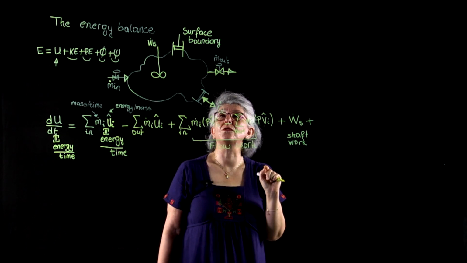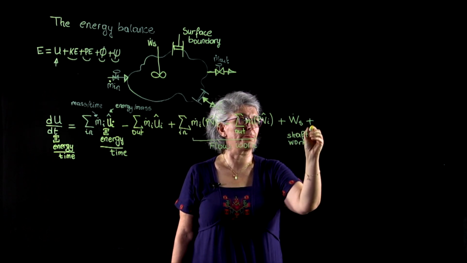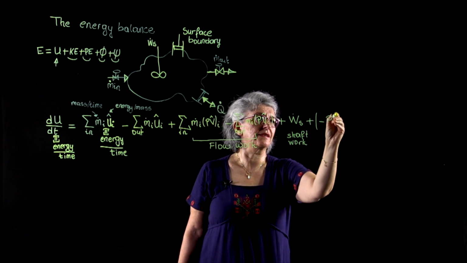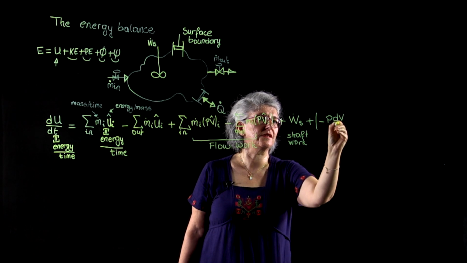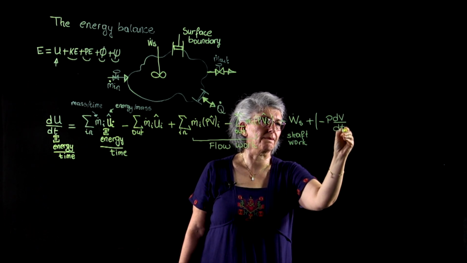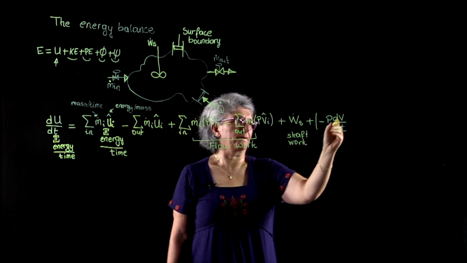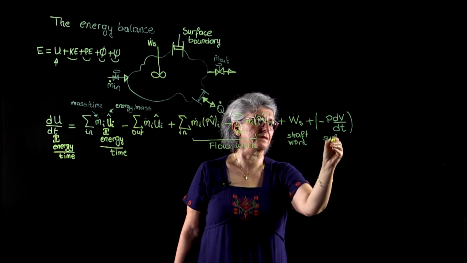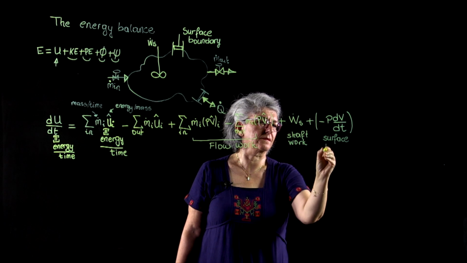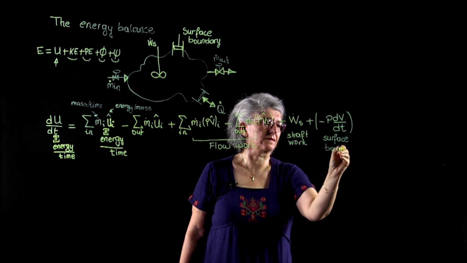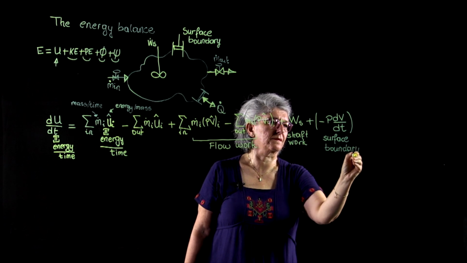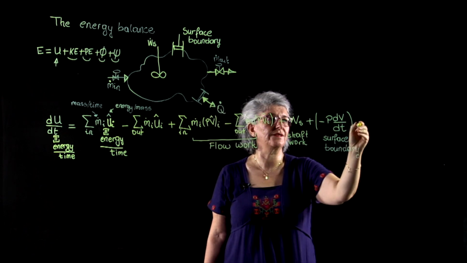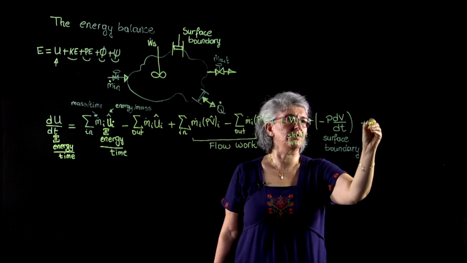Work is force times the displacement. We're going to have this term as minus P times dV over dt. This is the surface boundary work. Then we have the heat interaction, plus Q dot.